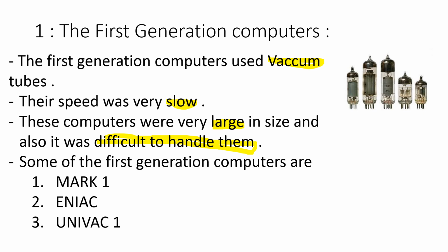Further, some examples of the first generation computers are Mark 1, ENIAC, and UNIVAC 1. These three first generation computers we are going to study further.